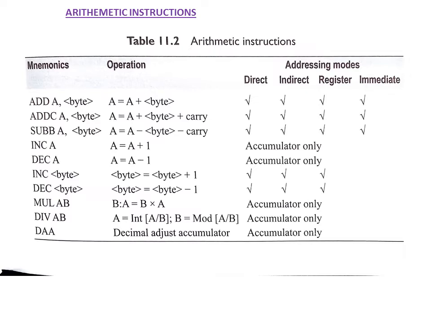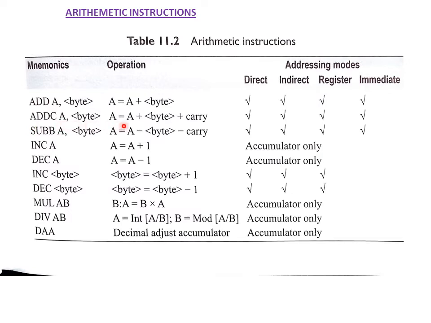Now check the instruction formats. Addition is declared as ADD A, byte. Here the accumulator stores the result: the value of the accumulator plus the data given in the byte in the instruction.